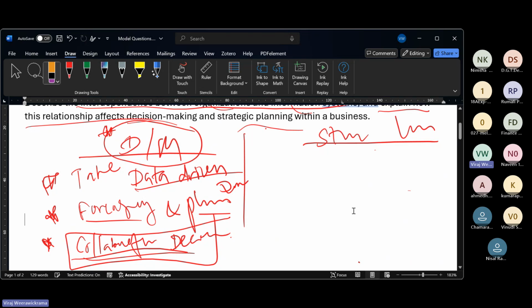When it comes to strategic planning, now we were discussing this decision making process. Then strategic planning, yes. What are the points? Yes, any idea?